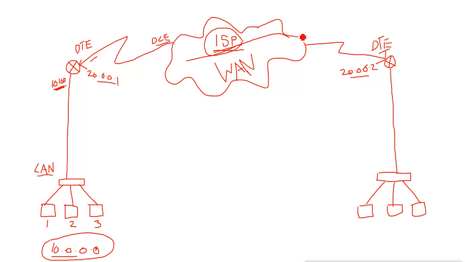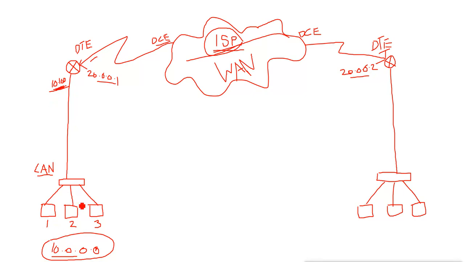So we don't have to care about the clock rate when we are configuring the IP address on our interfaces. When configuring the IP addresses, we configure the LAN port which is connected to the LAN using the same range IP used in the LAN network.